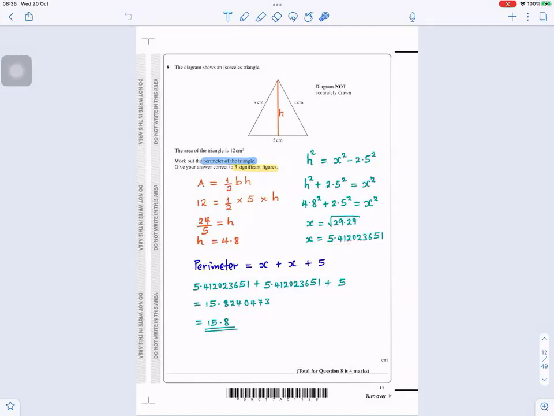The perimeter is the distance around the 3 sides, so we add them up. We add x plus 5. We know x is 5.41, and 5. We add them up, it gives us 15.8.